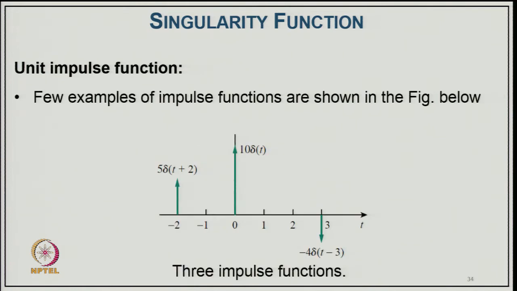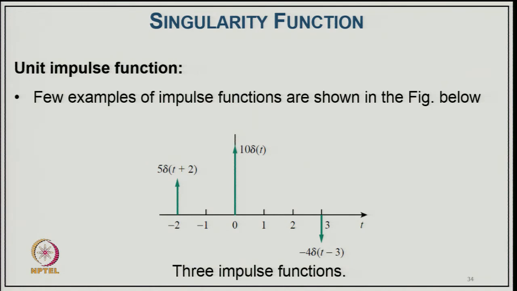A few examples of impulse functions are shown here in the figure. You can say there are 3 impulse functions. We have one at t equal to minus 2, that is 5 delta t plus 2, because it is advanced by 2. Then we have an impulse function at t equal to 0, that is 10 delta t.